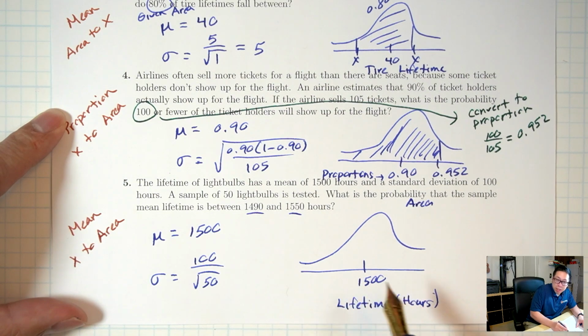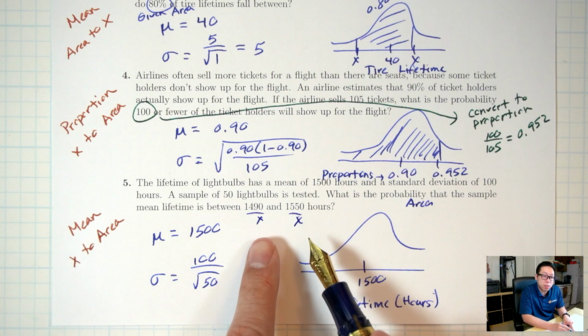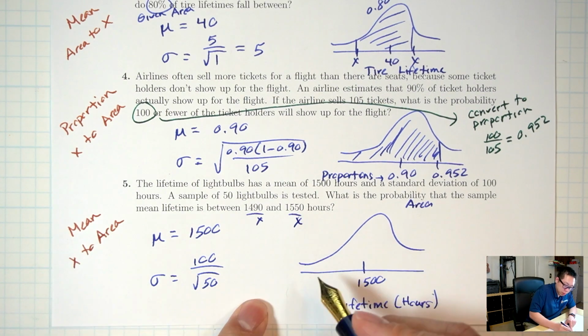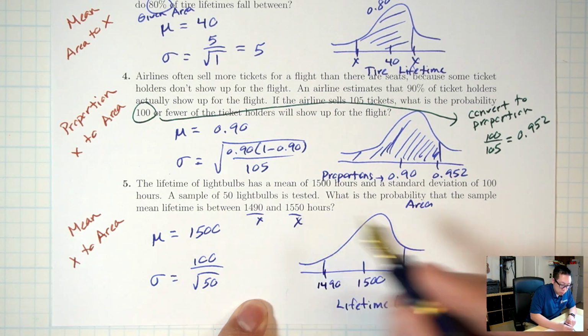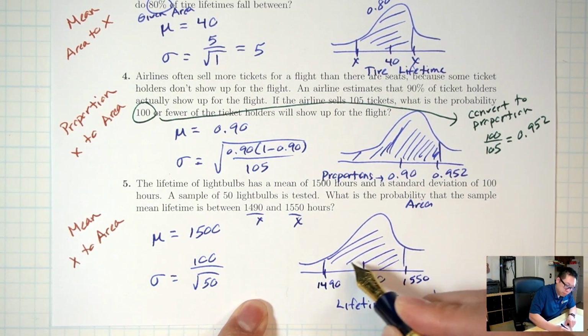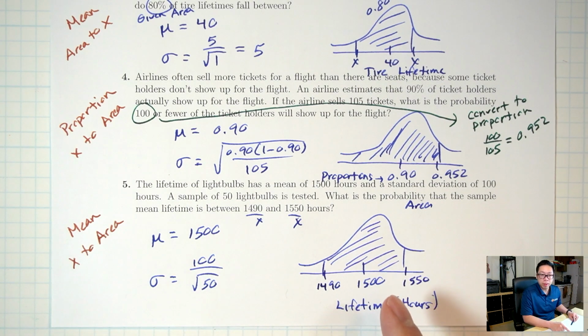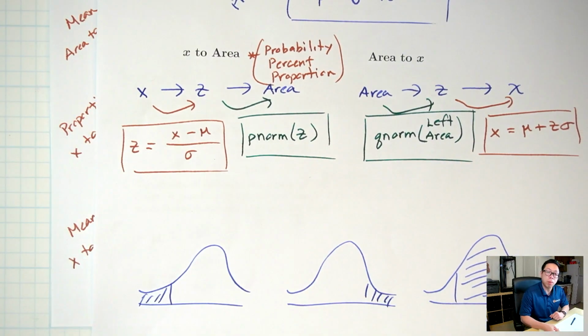Hours went on my x-axis, so actually these are x's. So another way to think about this is I'm giving you x's to start with. It would have to be x to area. Let's go ahead and put these down here. So that's 1490 here, 1550, and then it's between. So this is x to area, between. And then your next step would be to z-score both of those x's, and p-norm both of those x's.